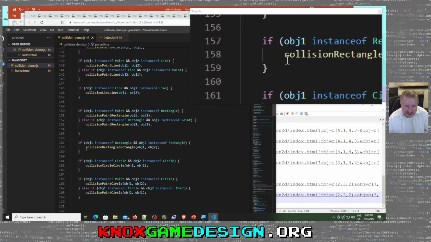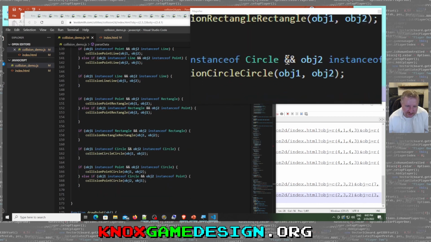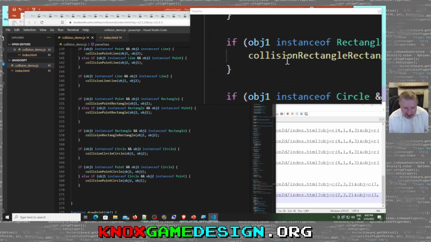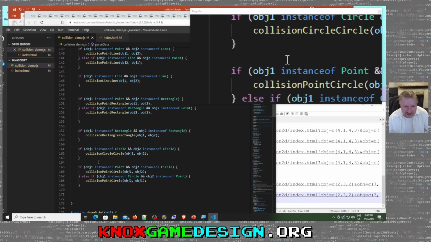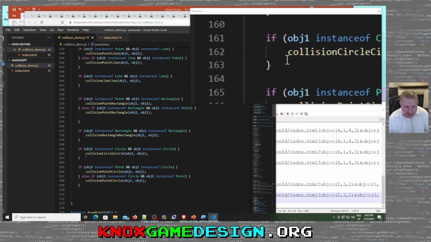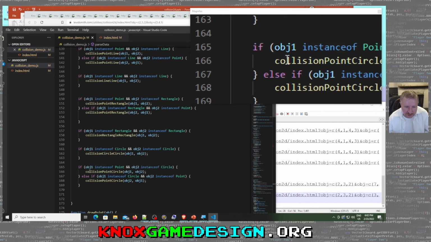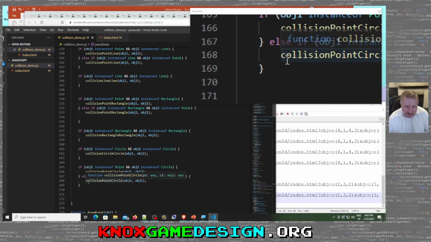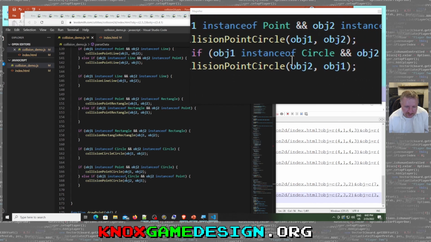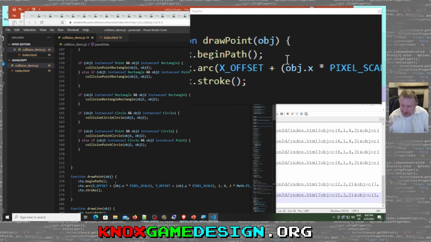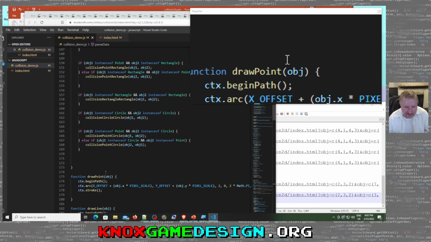If we've got 2 rectangles, we call collision rectangle rectangle. I'm following all the same conventions here, just calling it collision, then the 2 types. If we've got a circle and a circle, we call collision circle circle. If we've got a point and a circle, we call collision point circle. Or if we've got a circle and a point, we call the same collision point circle. We just flip the 2 objects around if they're backwards.